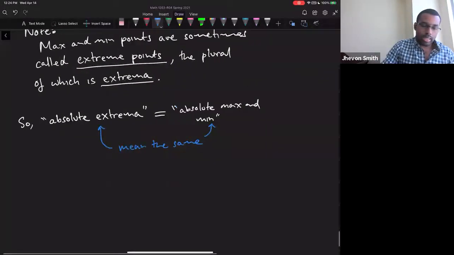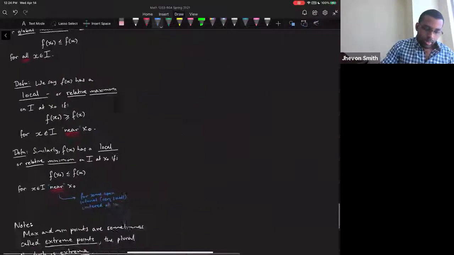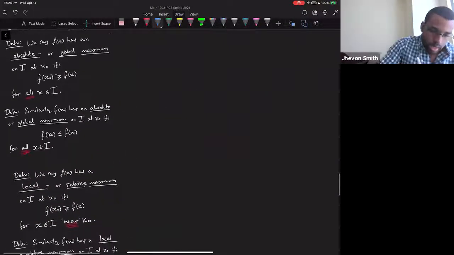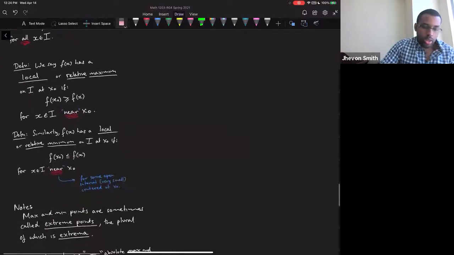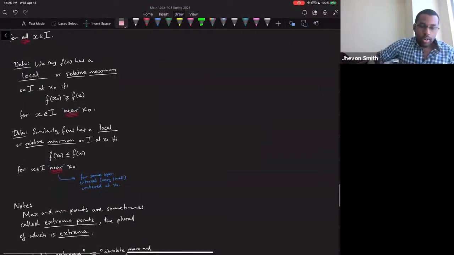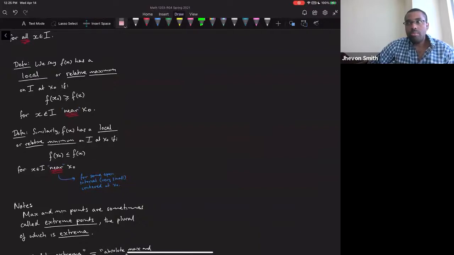And that is it. So those are some of the definitions. Absolute max means you're bigger than or equal to everybody on the entire interval. Absolute min, you're smaller than or equal to everybody on the entire interval. We say you're local or relative if you're greater than or equal to just people close to you, people in your little neighborhood.